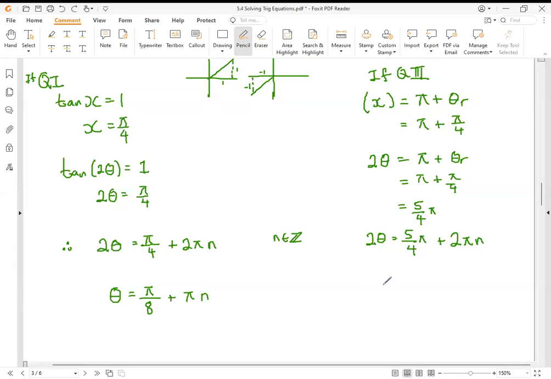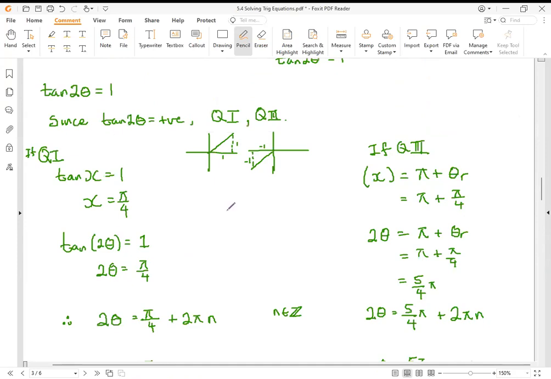Same thing here. If I divide by 2, this becomes 5 pi over 8 plus pi n. And so, yes, I reach my angle faster, and I repeat my cycle every pi.